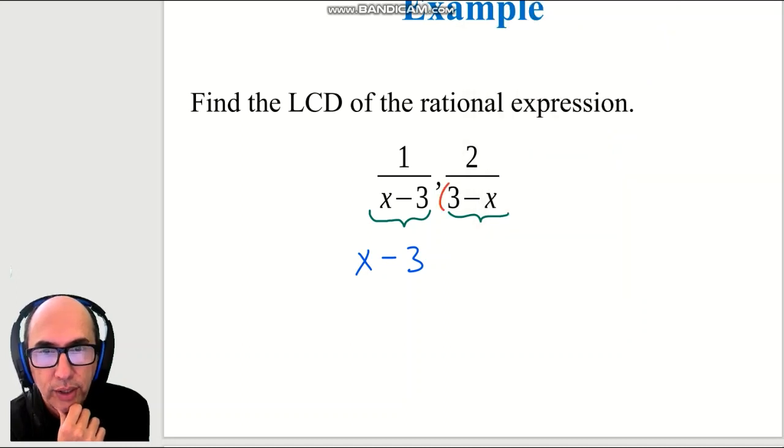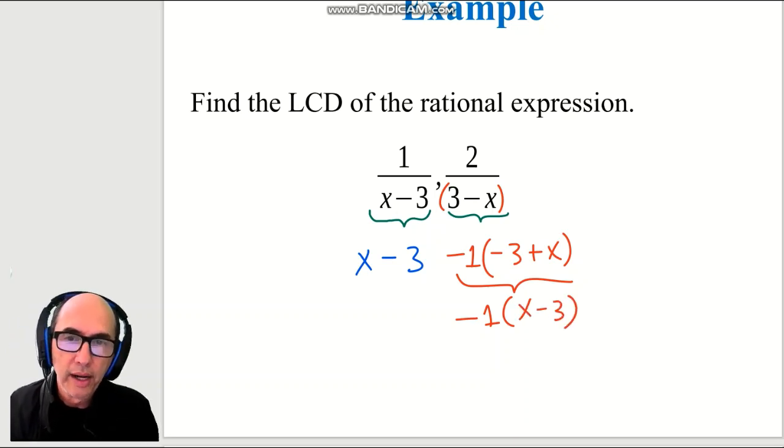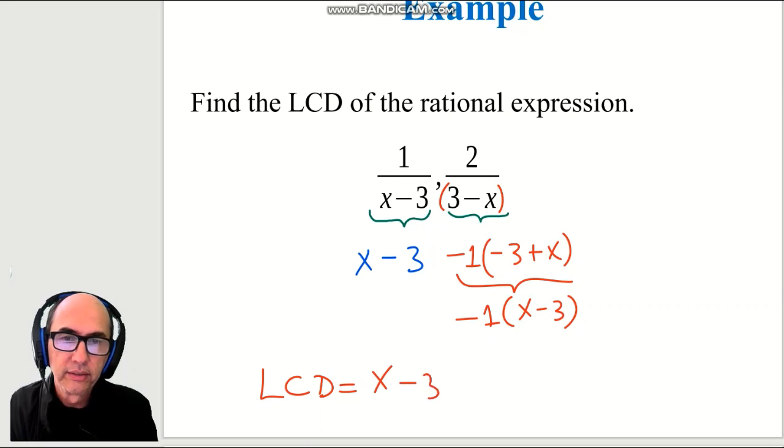So let's factor out -1 here: -1 times (-3 plus x). This is the same thing as -1 times (x minus 3). Now we have the same factor. The least common denominator is actually x minus 3. That's all.